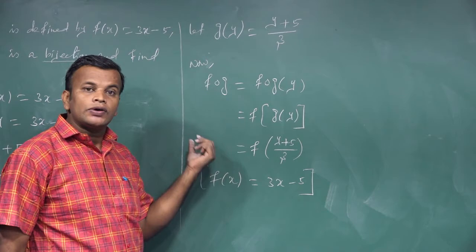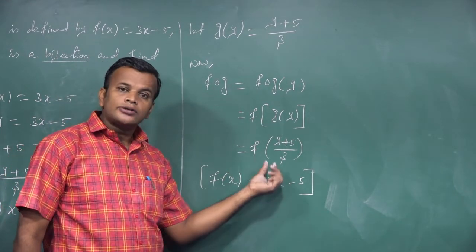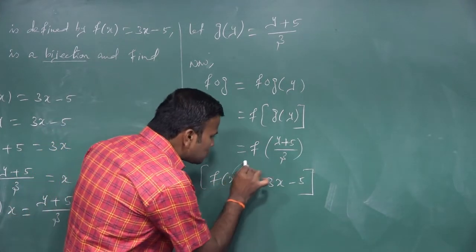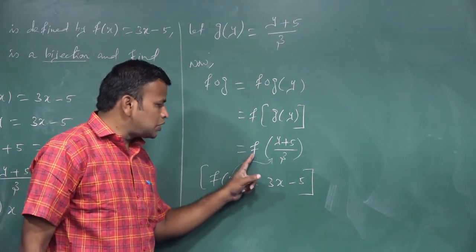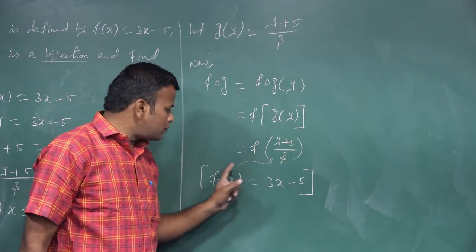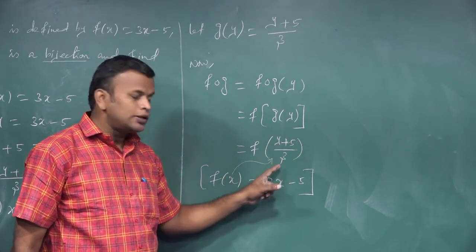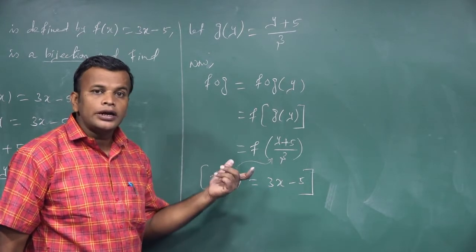So we compare these two. In place of x here, we put (y plus 5) by 3. First of all, the bracket variable, (y plus 5) by 3, is multiplied by 3 and also 5 is subtracted.